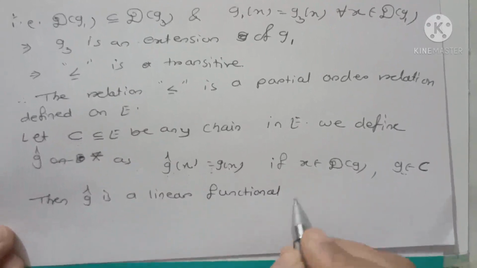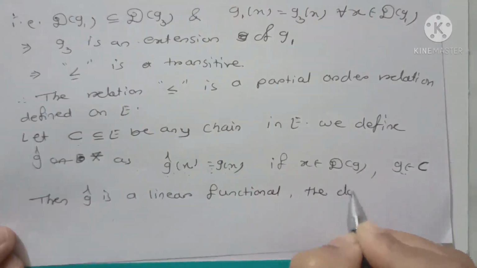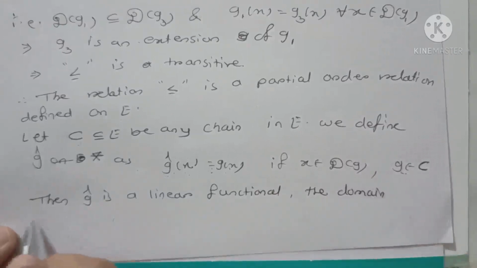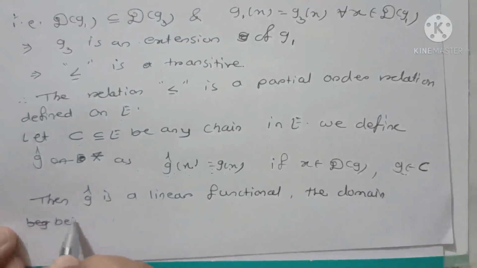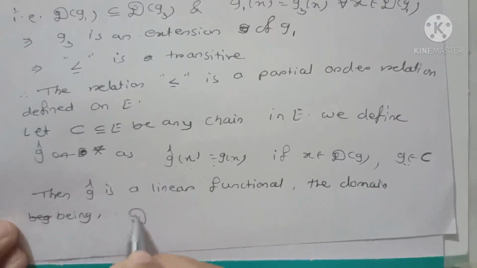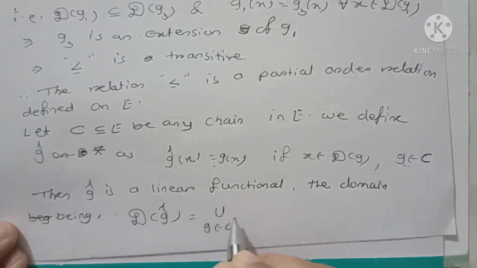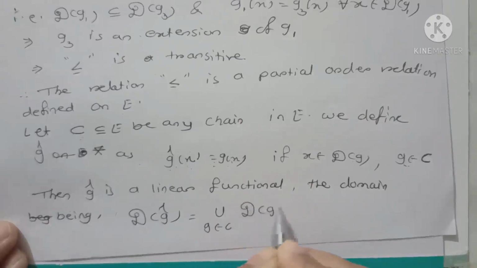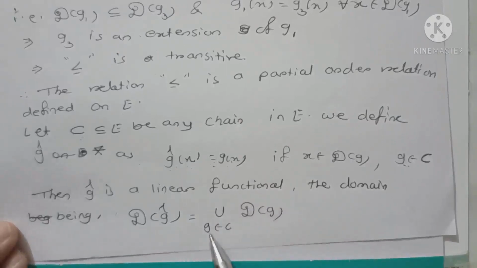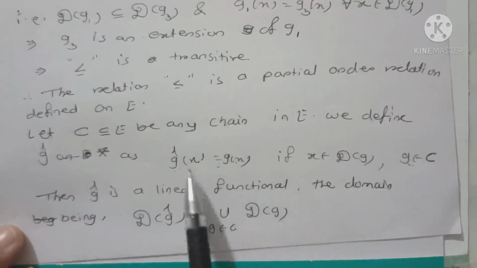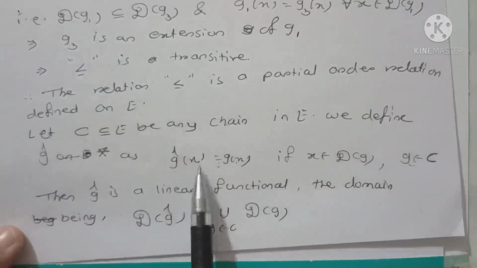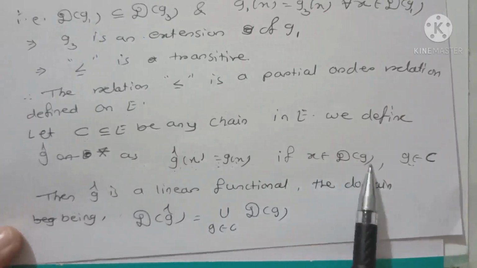Also the domain of g-hat equals the union of the domains of g over all g belonging to C. That means we are considering all the elements of C and taking the union of all their domains, and this union equals the domain of g-hat, because we defined g-hat of x equals g of x if x belongs to the domain of g.